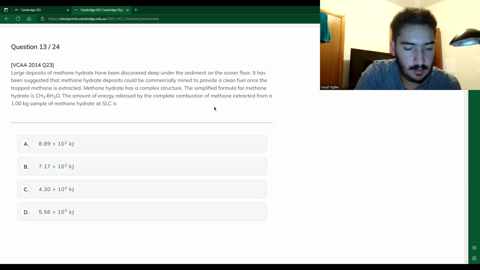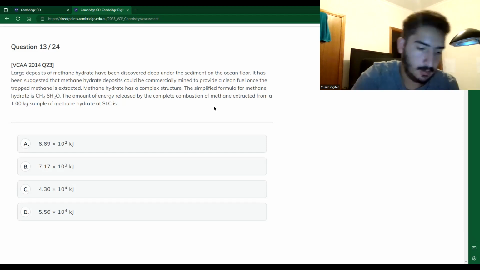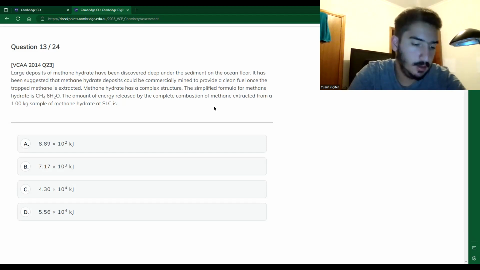Six times one is six. Six plus six is 12. Got 12 oxygens here. Times this by six. Now it is balanced. All right, coolio. Just want to make sure. So 16, six and two, 12. Yeah, okay, all right. So now what does it say?